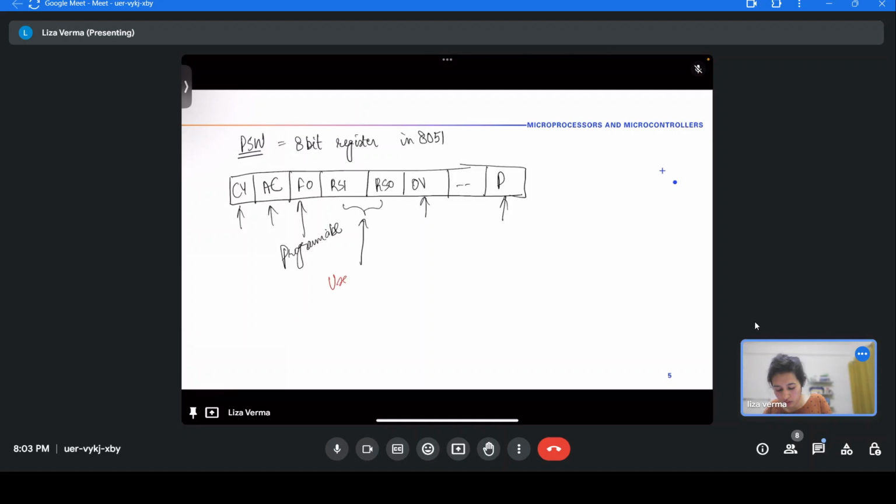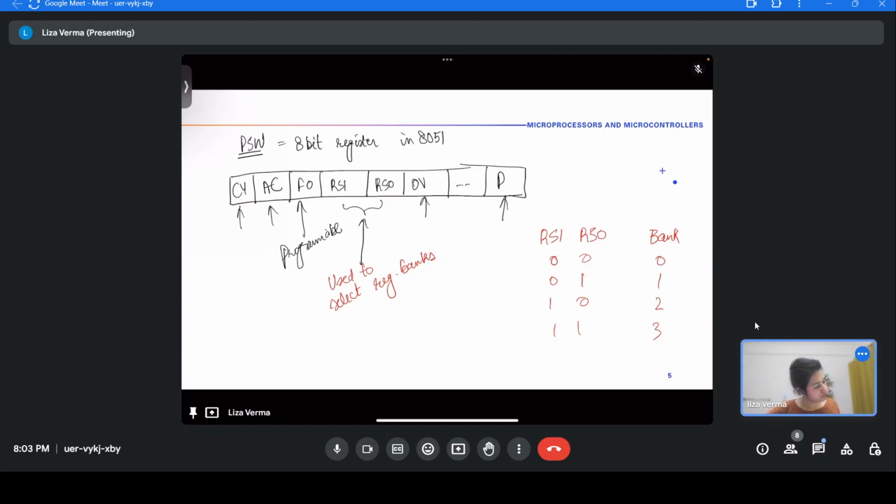So depending on values of RS1 and RS0, we can have 4 values since there are 2 bits, 4 values, 4 banks, sufficient. So 00 is bank 0, then 1, 2, 3, right? Easy.